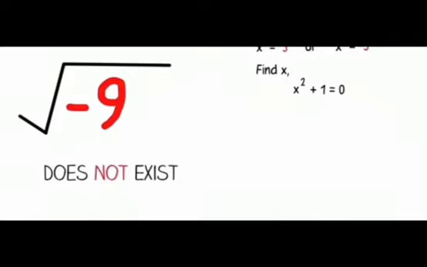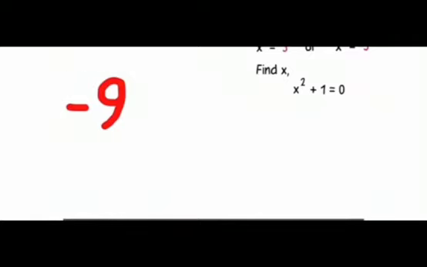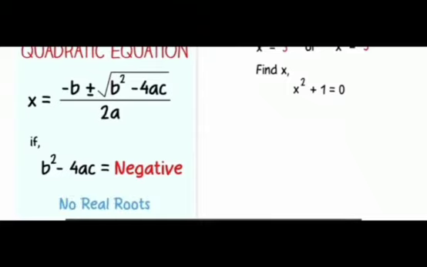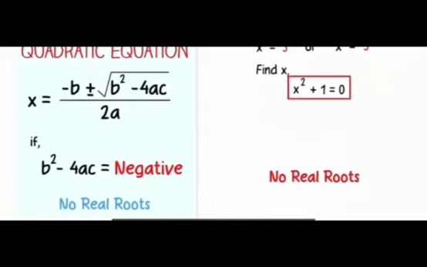Do you remember that while finding the solution of a quadratic equation using the formula, if the discriminant b squared minus 4ac was negative, we said that there are no real roots of the quadratic equation? Based on what we had studied earlier, x squared plus 1 equal to 0 will not have any real roots, as the value of the discriminant is negative 4.